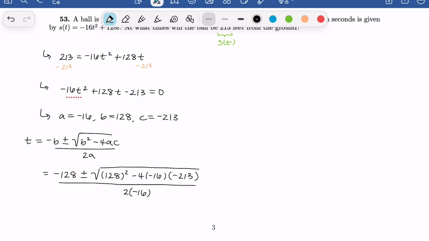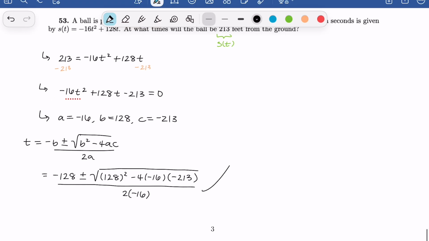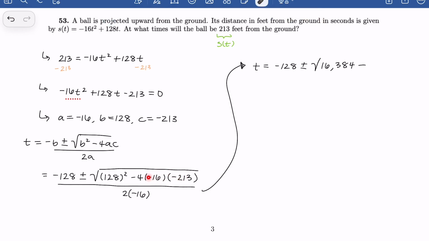So from here, we need to simplify this, and we're running out of room, so we'll do that over here. We're going to end up with negative 128 here still, and then underneath our radical, we're going to have 16,384, and we're going to end up with a minus here since this is going to end up being a positive, and we still have this minus out front.